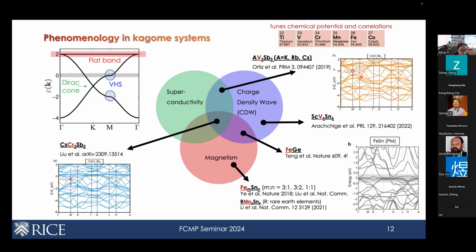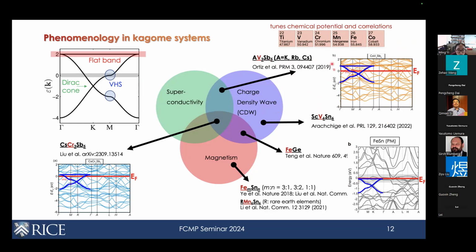So we can somewhat organize this by showing you 3 examples of the DFT calculations for 3 members. If you don't enjoy looking at spaghetti plots, I will also put on top basically where this tight binding calculation largely falls together with where the Fermi level is for each of these 3. So if you start from the upper right corner, this is the vanadium based Kagome system, the 135 system.